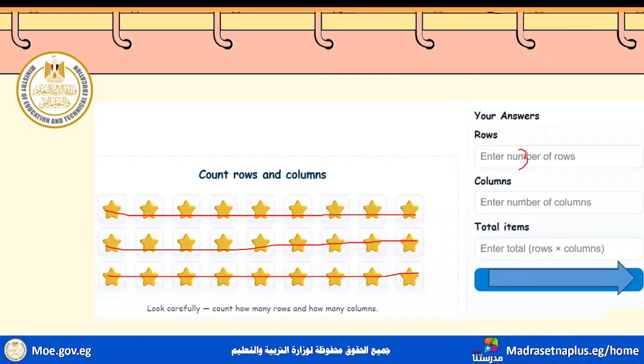Okay? So, how many columns? A column is a line coming from up to down. Let's draw 1, 2, 3, 4, 5, 6, 7, 8, and 9. Now, my dear student, it's easy to count the number of rows, the number of columns, and the number of elements of any one of them.